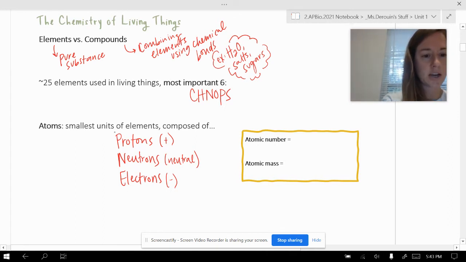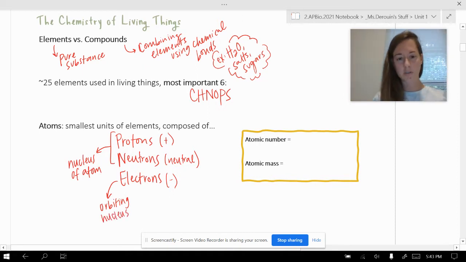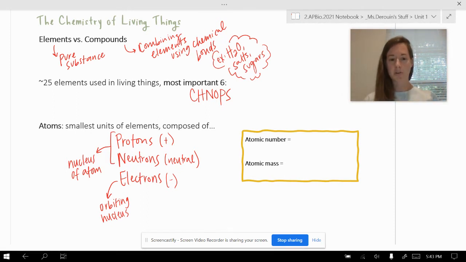And then your protons and your neutrons are in the nucleus of the atom. And your electrons are a lot smaller than your protons and your neutrons, and they are orbiting the nucleus. And then, of course, depending on the element, you're going to have different numbers of protons, neutrons, and electrons.